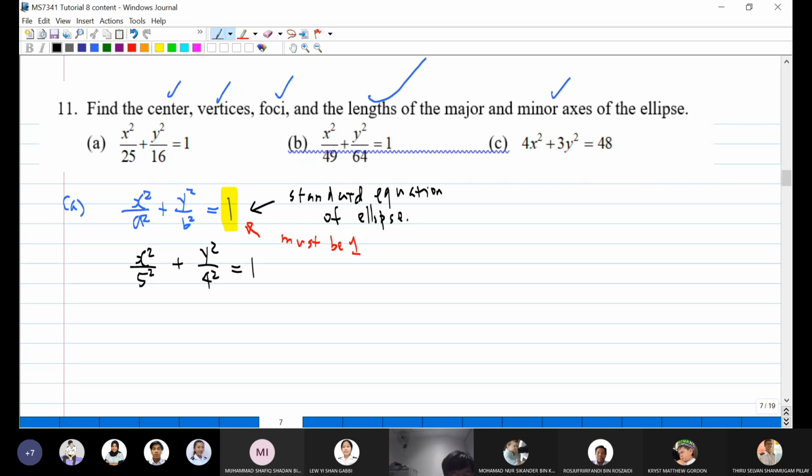So what is a now? a is always the longer, bigger number, okay? So you compare these two numbers, the bigger number is 5. So a is equal to 5. b equal to 4, okay? Take note that a is always greater than b. The larger number is called a.